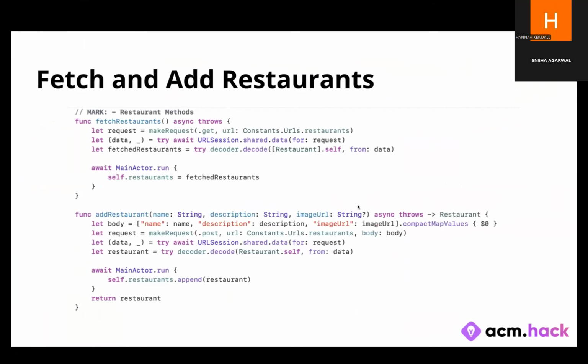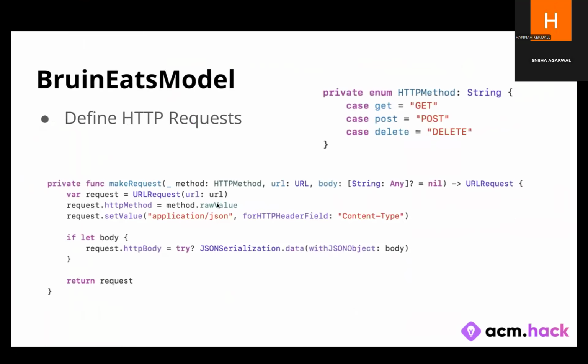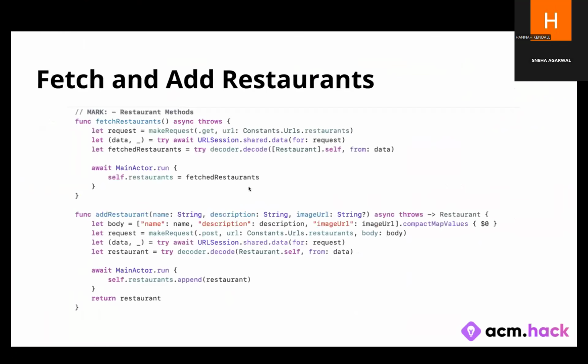Okay, now that I have my overall make request function, I want to specify it into our two different functions that we want to perform, which is to fetch restaurants when we want to print them out, and then also create a function to be able to add the restaurants.